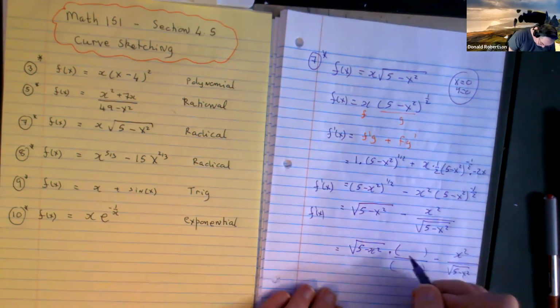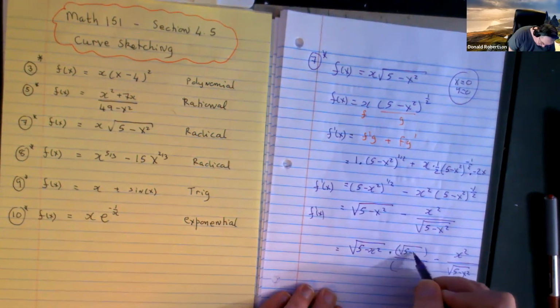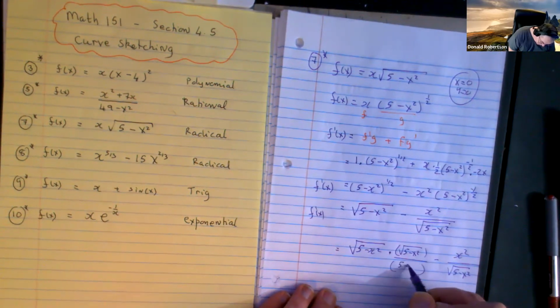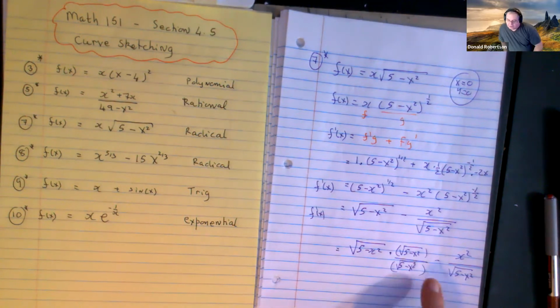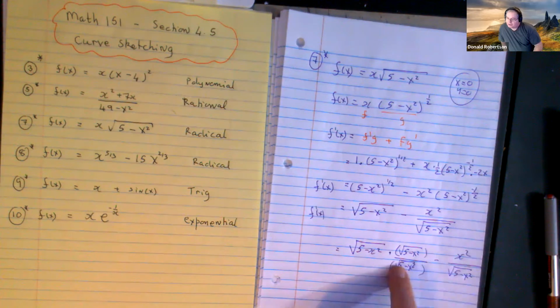And the special version of 1 I'm going to use is 5 minus x squared inside the square root. Now, do you notice that both these fractions are now going to have the same guy in the bottom? That's why I chose it.